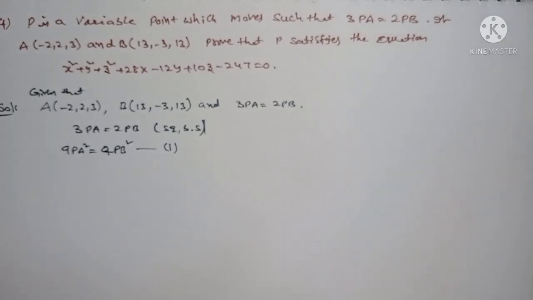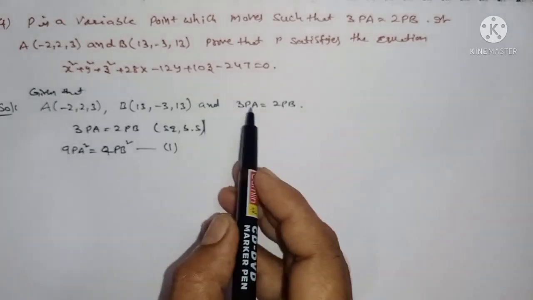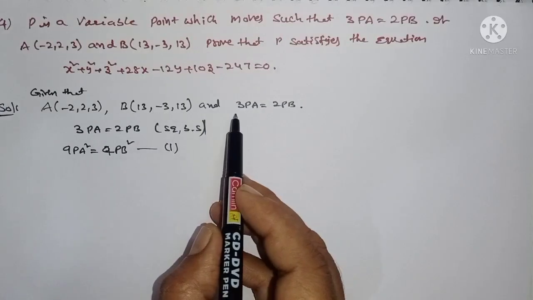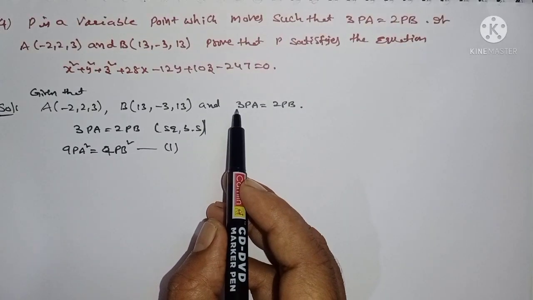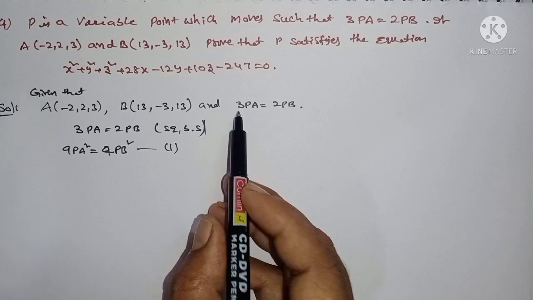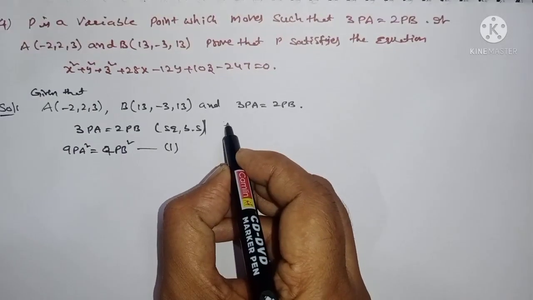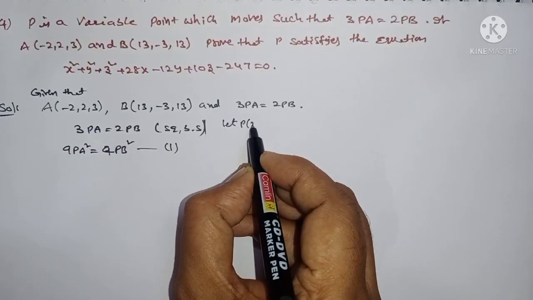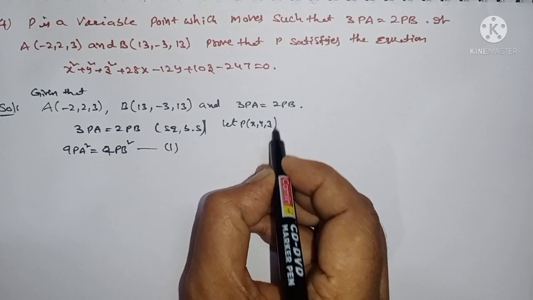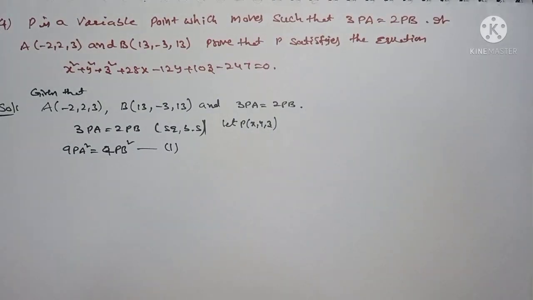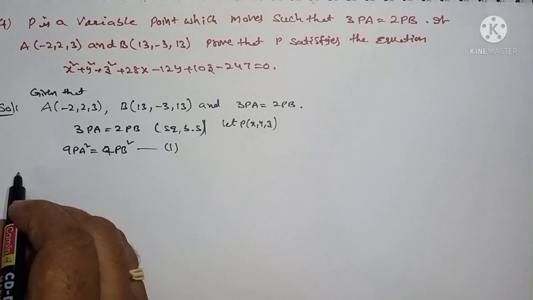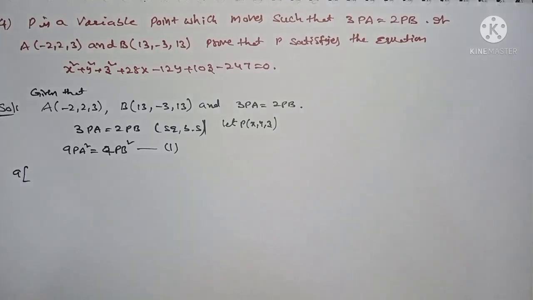What is PA square? The distance between P and A. Let P be (x, y, z), any point. Therefore, substitute here PA square. I will explain.